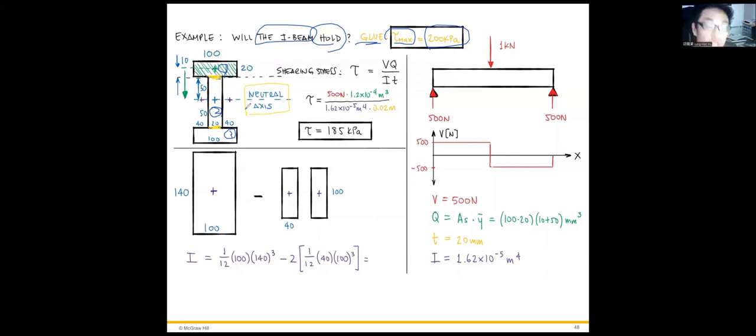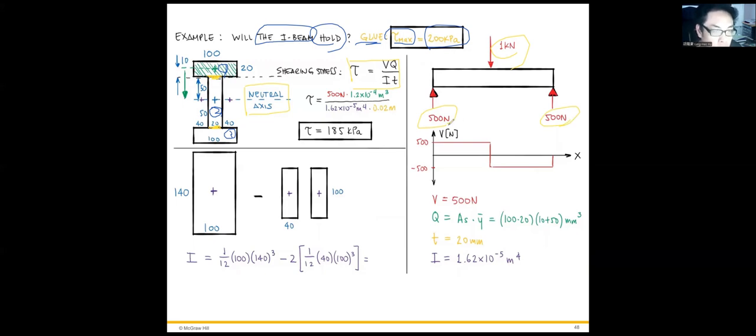Because the different parts are stuck together with glue, there must be a transverse shear occurring between the surfaces. We already know the transverse shear equation, tau equals V times Q divided by I T. This is a cross section, and this I-beam is subjected to 1 kilonewton, with 5 Newton reactions at each of the 2 endpoints.